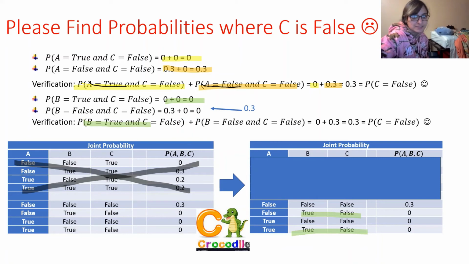So that's what this probability becomes here, which is 0. And then the probability that B is false and C is false is given here, and that is 0.3 plus 0, which is 0.3. So this should be a 0.3.